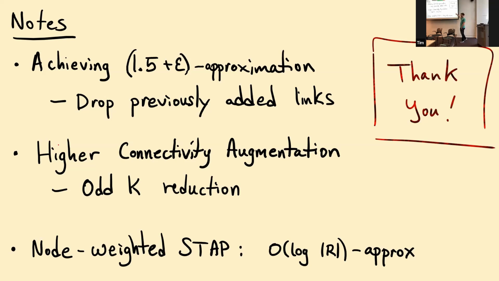So these new results on TAP show that if you want to beat 1.5, you can't use the natural LP because there's an integrality gap of at least 3/2. We already have a 3/2 approximation. If you want to do any better than that, you'd have to use a strengthened LP or just not use LPs at all.